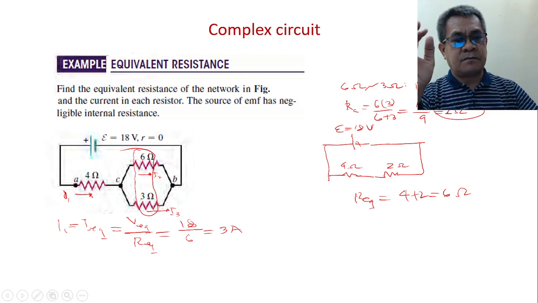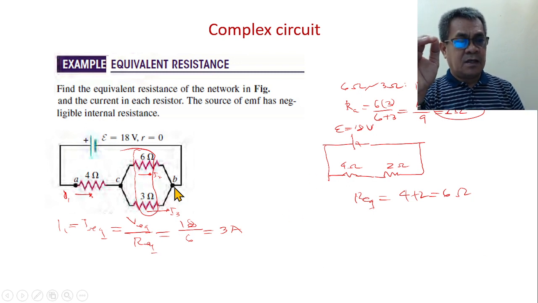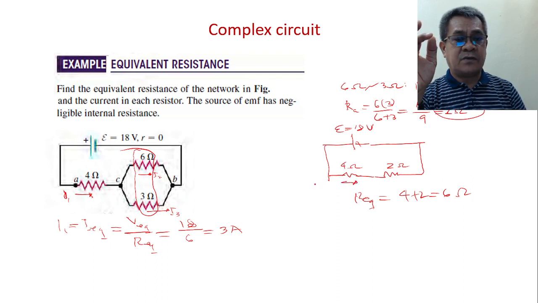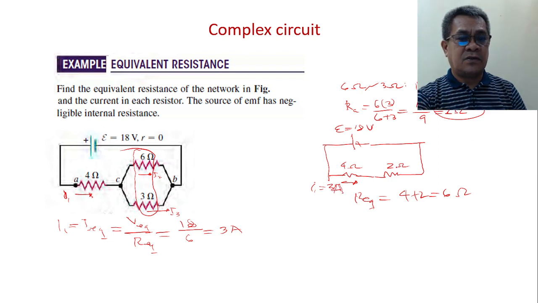Now look at this drawing. In this drawing, remember that the current that passes through this is I1, and this is 3 amps. Now remember that our combined resistor of 2 ohms, which is the combination of 6 and 3, is in series with the 4 ohms.